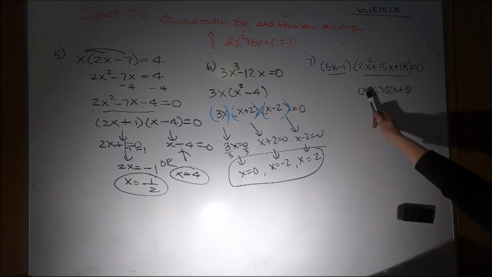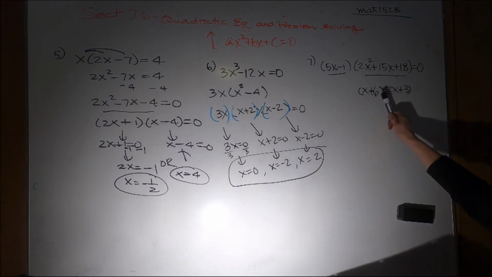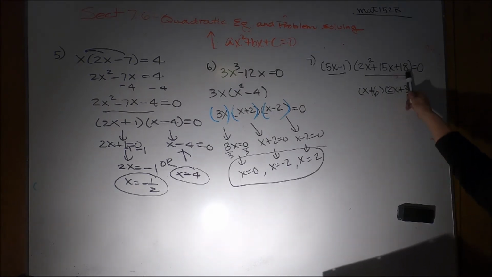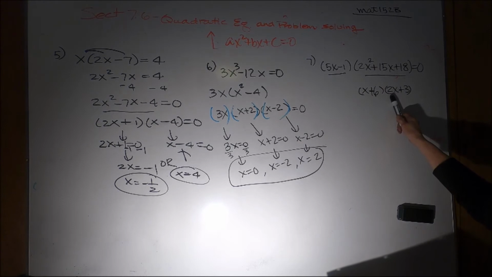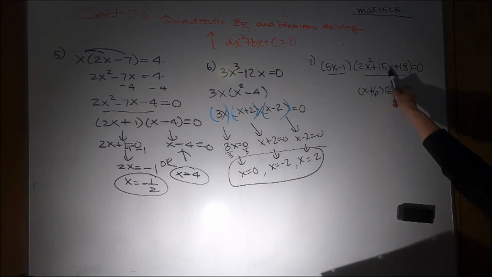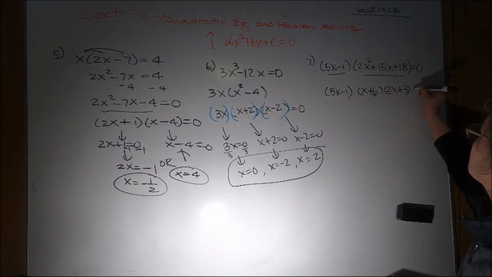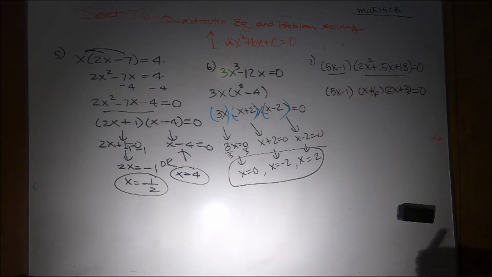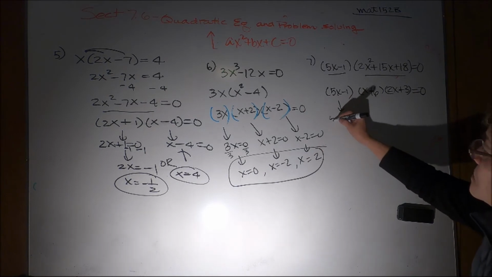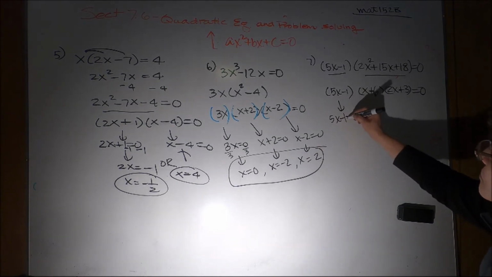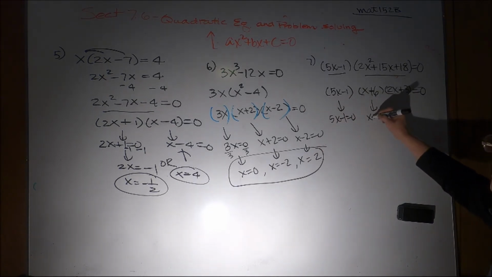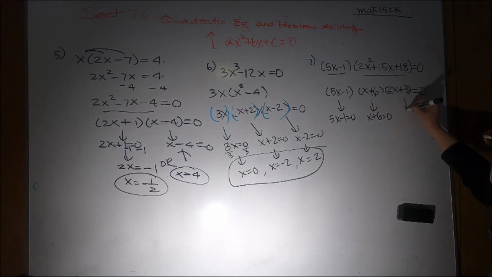You do the AC method, x times 2x, 2x squared, 6 times 3, 18. The middle part, 6 times 2, 12, plus 3, that would be 15. So that's correct, right? Then you have 3 parts. So each part, by the zero product property, can be 0.